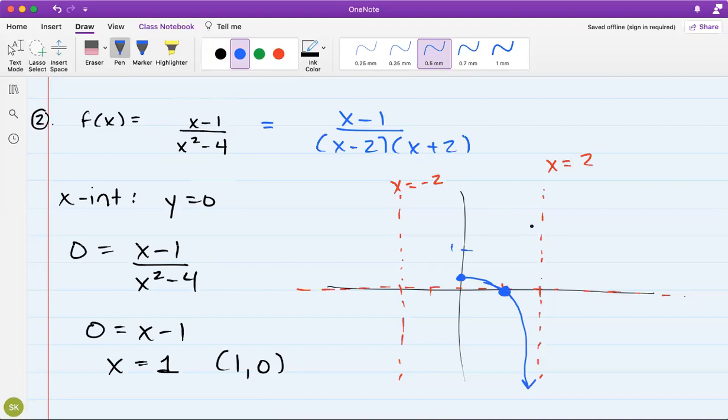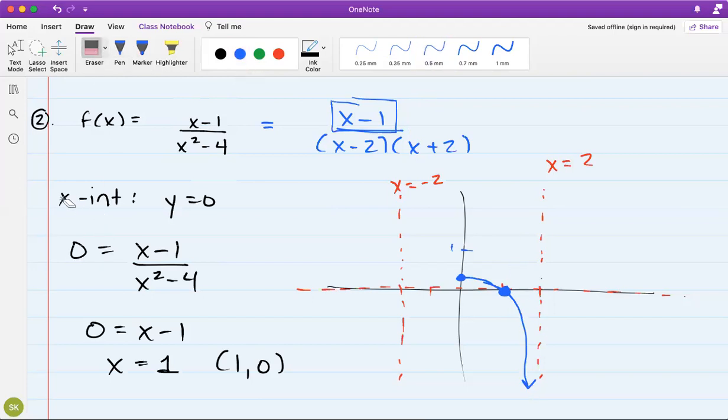We can't go up this way, and the reason for that is the multiplicity on this x minus 1 is 1. Remember that when the multiplicity is odd, we cross. When the multiplicity is even, we touch. If I had x minus 1 squared here, we would touch this graph and go up. So we're going to go down towards negative infinity.